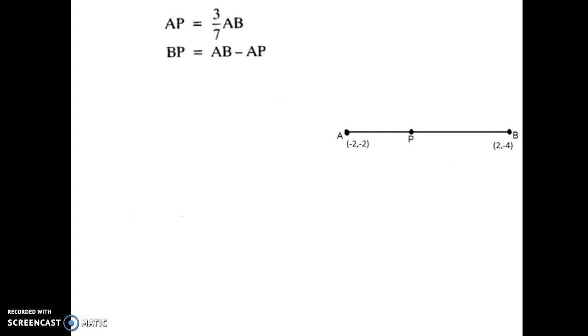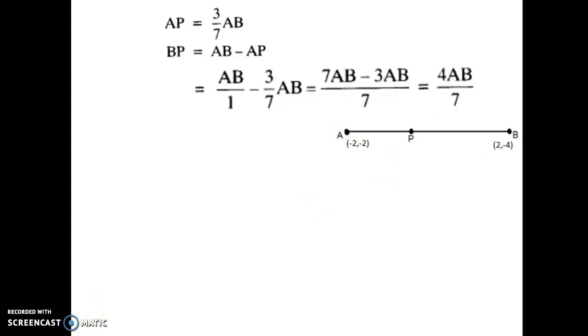Now, furthermore, what can we do? This is to show that they are in the ratio of 3:4. So in terms of AB, you bring both AP and PB, and if you cancel further, the ratio we got is 3:4.